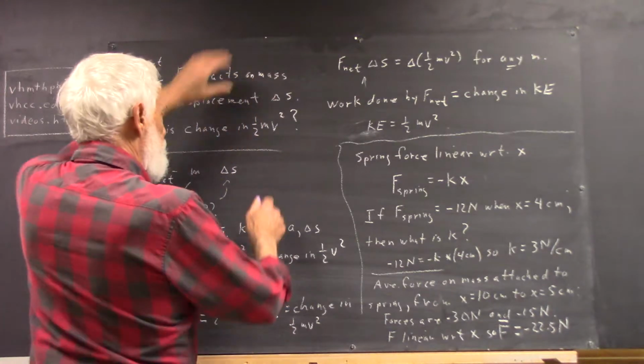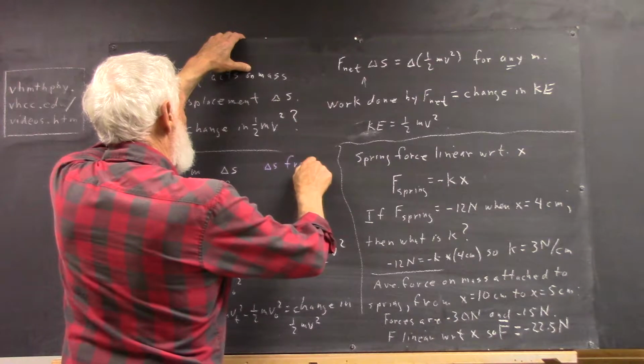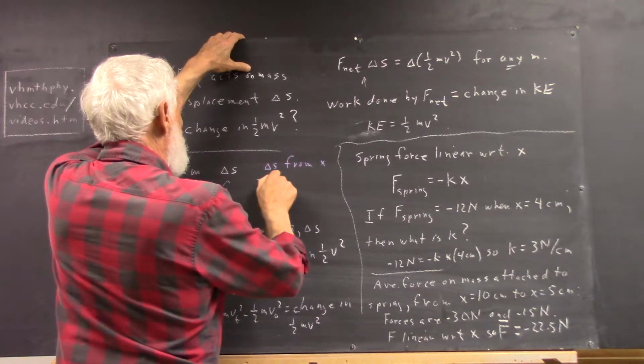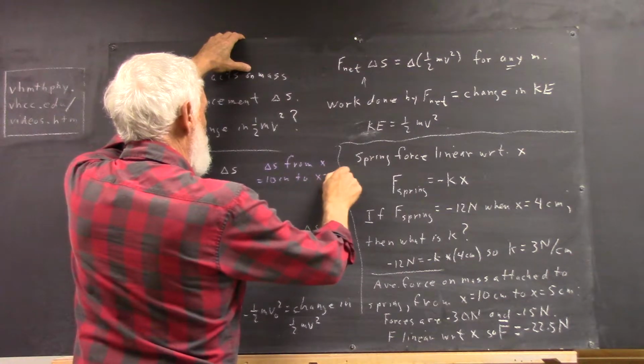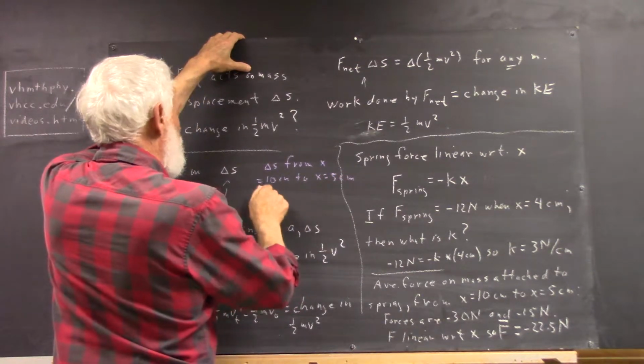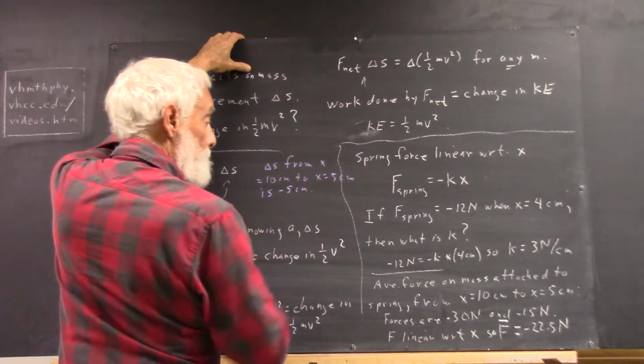So your delta S, and you could call that delta X if you wanted to. Anyhow, it's negative 5 centimeters.